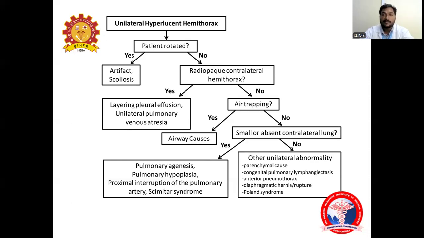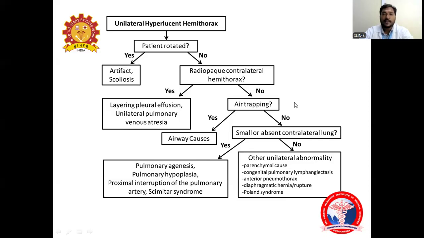This extrinsic compression is mainly caused by mediastinal or hilar lymph nodes or any hilar or mediastinal masses that cause ipsilateral bronchial narrowing as well as air trapping on the ipsilateral side. Or there may be foreign body ingestion, most commonly seen in children, and these may go into the right main bronchus because of its anatomical positioning, leading to air trapping on the ipsilateral side, giving rise to an ipsilateral hyperlucent lung.